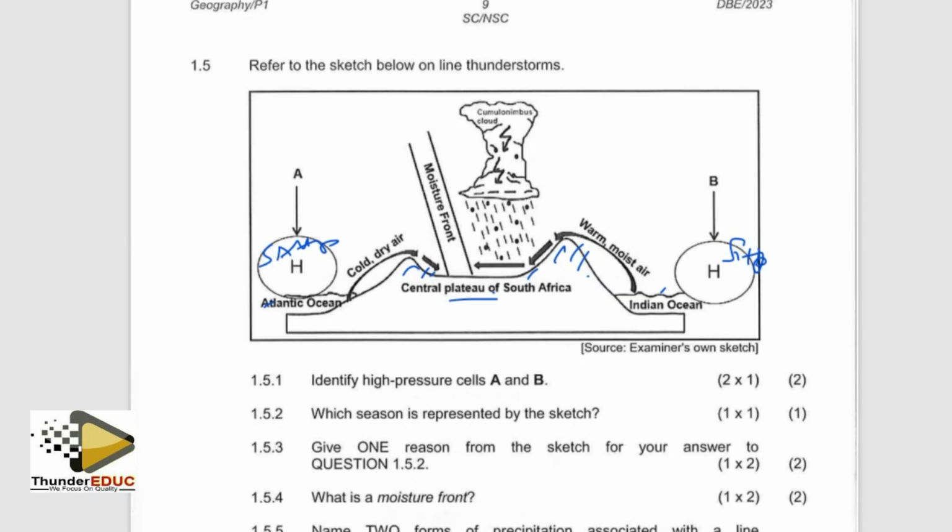You first interpret the diagram, and eventually you will be answering all the questions nicely. The first question is: identify the high pressure A and B. A is SAHP, the South Atlantic High Pressure, and B is SIHP, the South Indian High Pressure. We proceed.